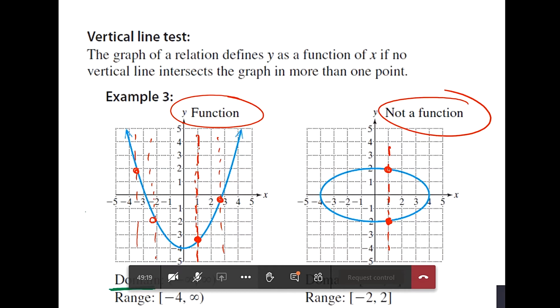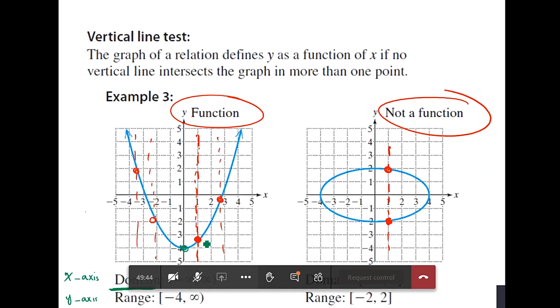But the range, look at this, the range is on the y-axis, and the domain is the x-axis. The range starts from here.